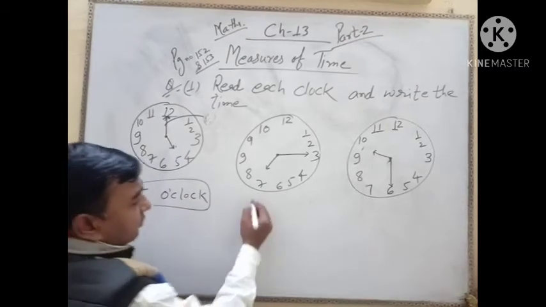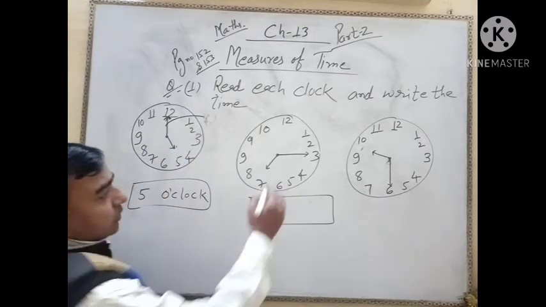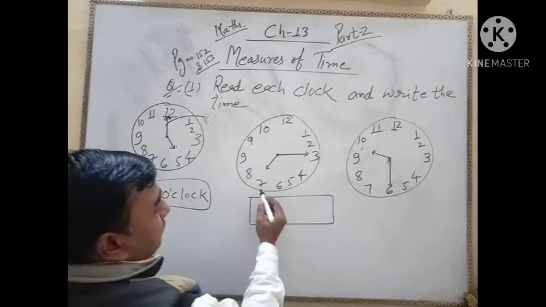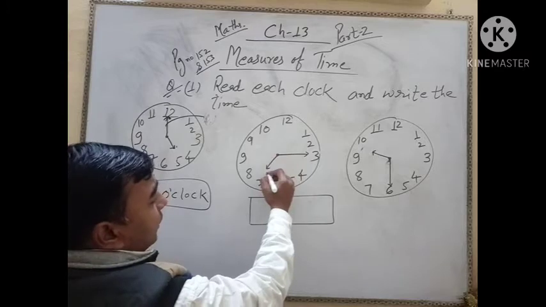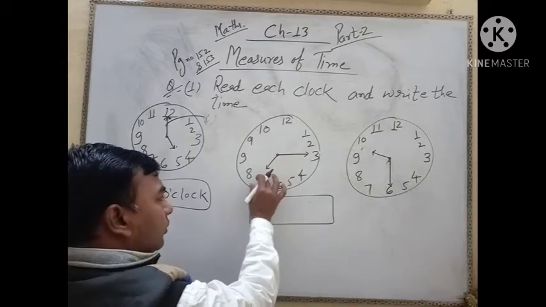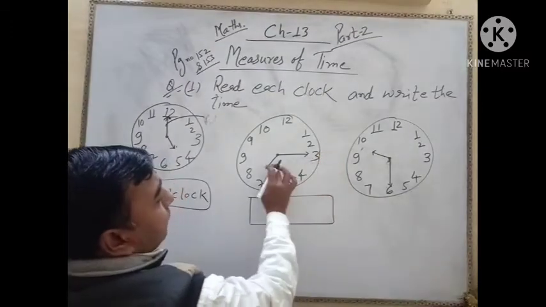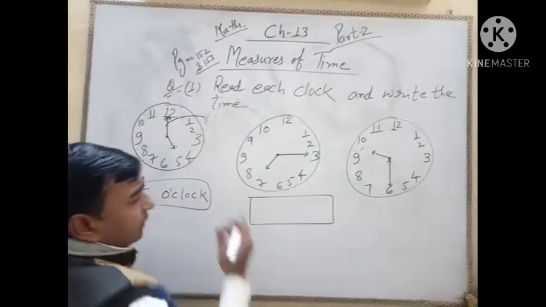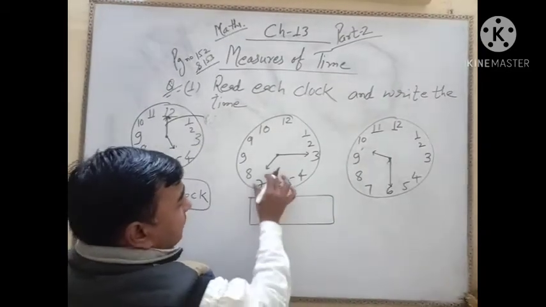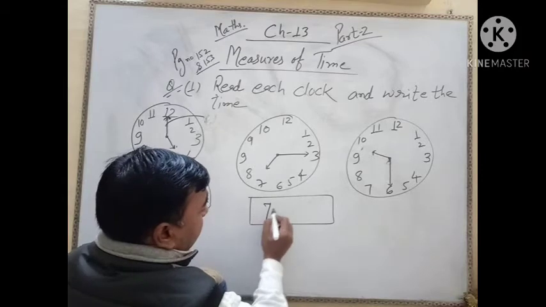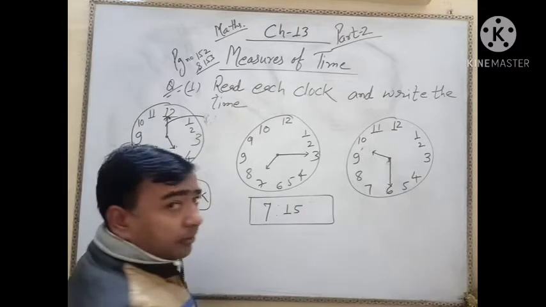Okay, now come to the second one. The smaller hand, or hour hand, is on 7, and the longer hand is on 3. It means what is the time? We can write 7:15.